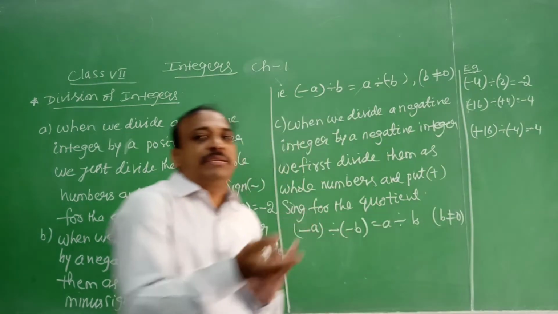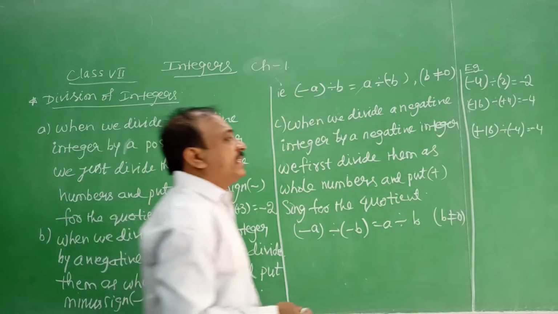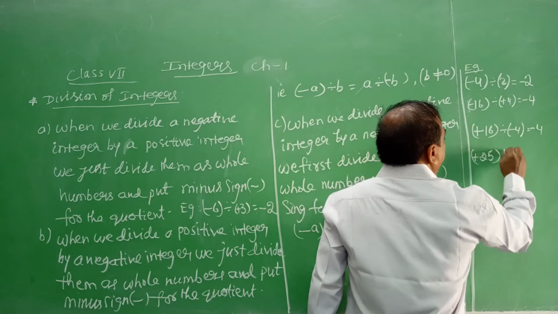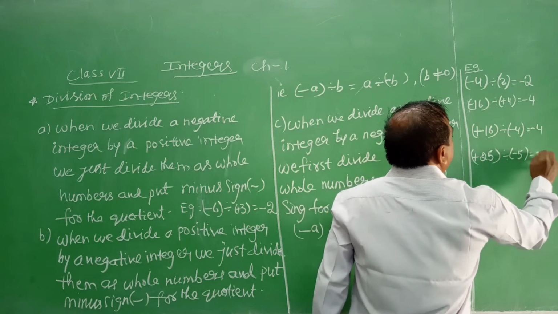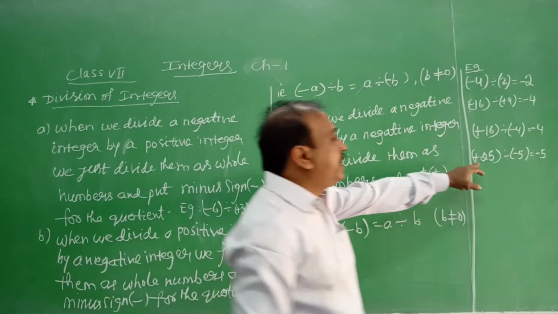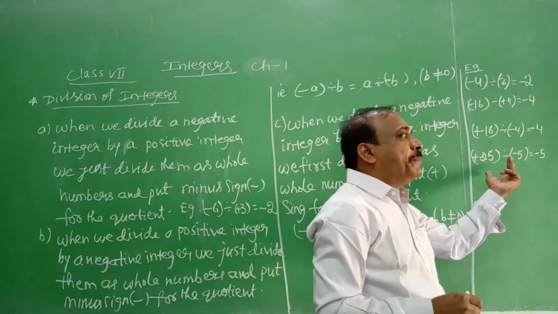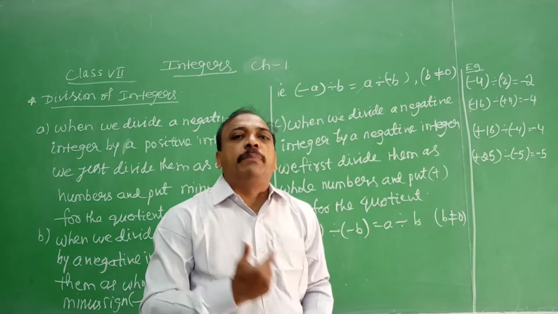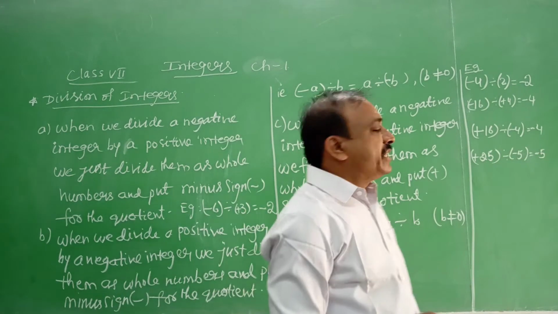Here also plus 25 divided by minus 5 is equal to minus 5. Divide them as whole numbers and put a minus sign for the quotient.